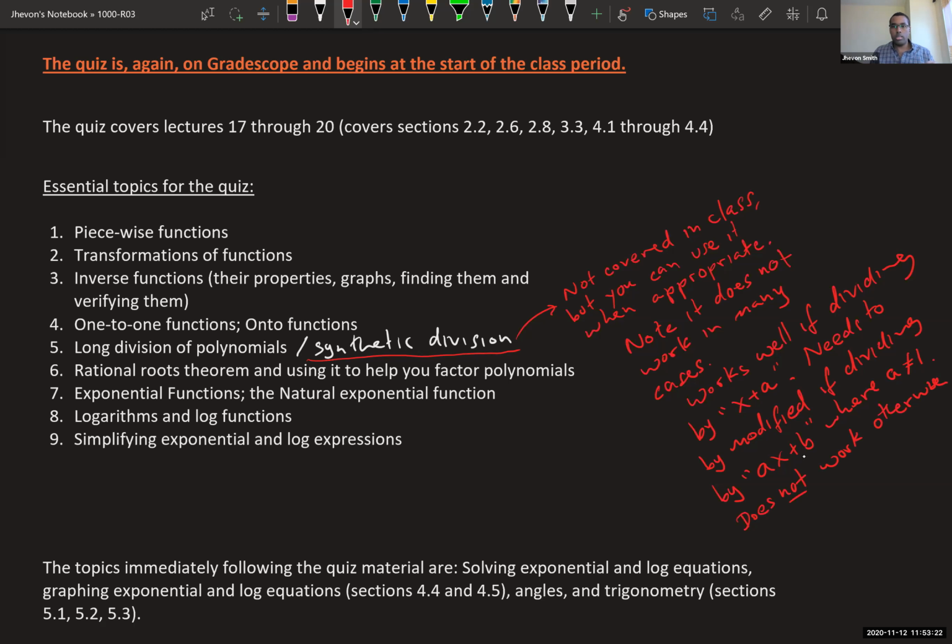Okay, so just be aware of that. If you're going to use synthetic division, like I said, it's not going to be wrong. And if you use it in the right situation, in the right way, I'll give you full credit. I'm not one of those guys like, it's my way or the highway, right? There are a few times when I might ask you to, do I ever actually ask you that in pre-calc?